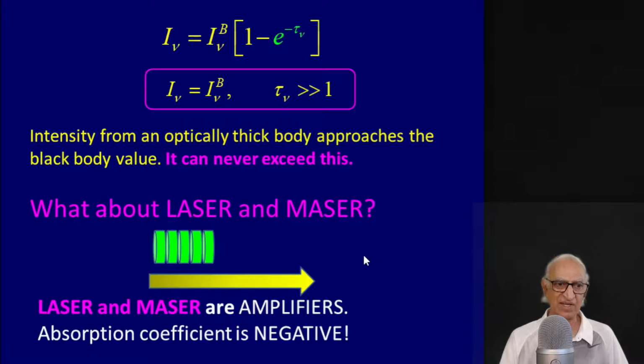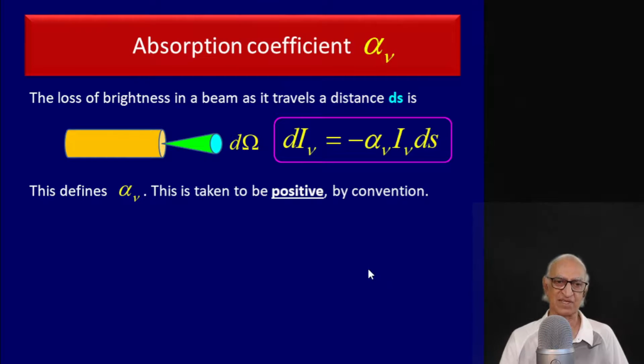It is able to violate it because a laser or a maser is not an absorber but an amplifier. The absorption coefficient is not positive, the absorption coefficient is negative. In case you have forgotten, let me remind you once again that we define the absorption coefficient alpha nu through this equation. The absorption coefficient is related to the loss of brightness in a beam, the loss of brightness dI nu with a minus sign over a length ds.